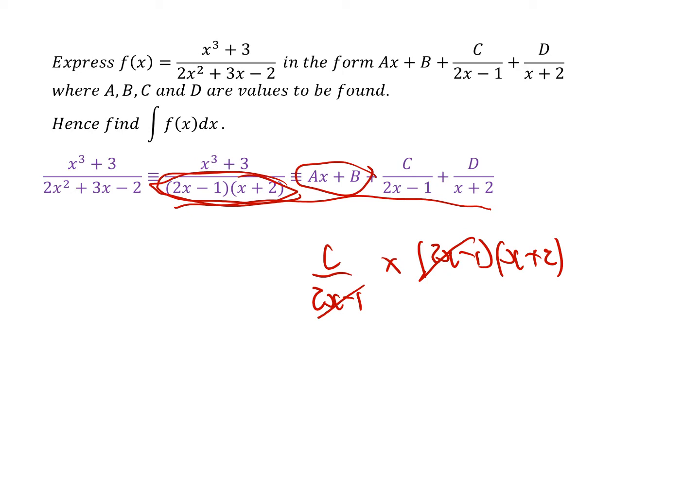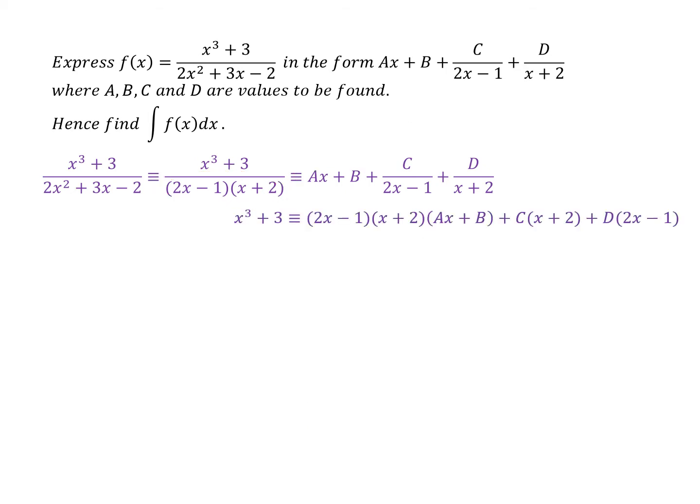When I multiply the d over x plus 2 by 2x minus 1 times x plus 2, the x plus 2 factors are going to cancel, and I'm going to be left with d times 2x minus 1. So that's what it all looks like when I've multiplied by the denominator 2x minus 1 times x plus 2.